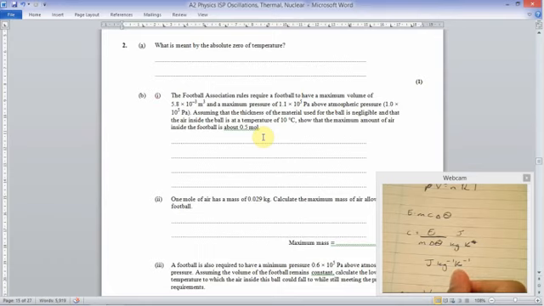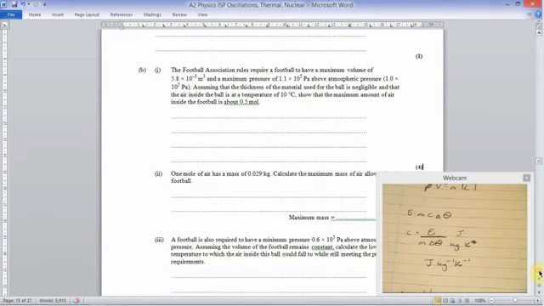Well, P is our pressure, so we need to add together our 1 and our 1.1 times 10 to the 5. So 1 times 10 to the 5 add 1.1 times 10 to the 5 is equal to 2.1 times 10 to the 5. That's pretty straightforward. That's our pressure. We need to add them together because it says it needs to be 1.1 above atmospheric.